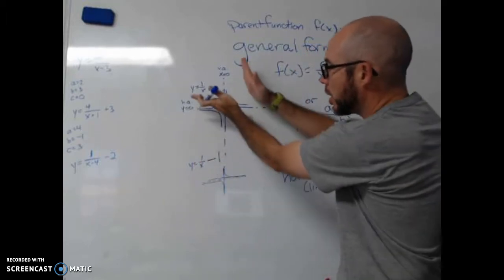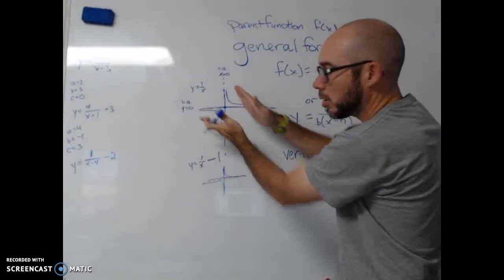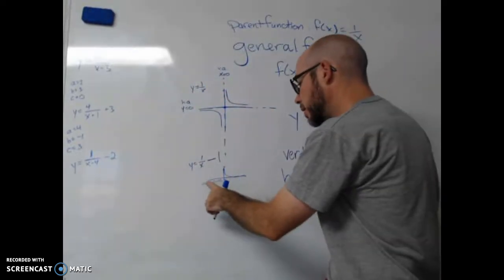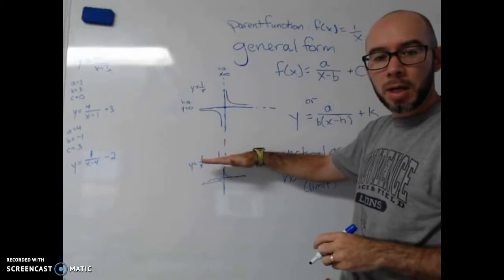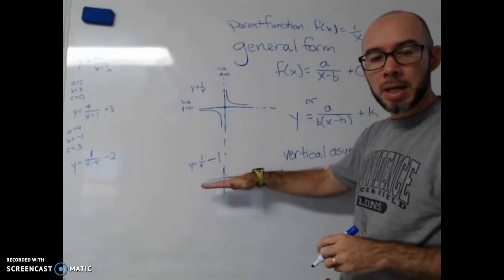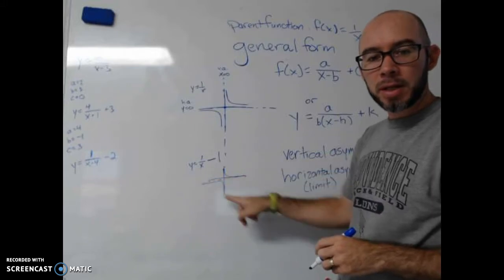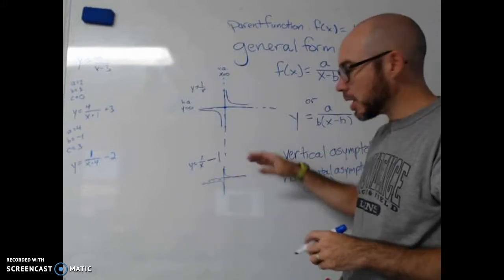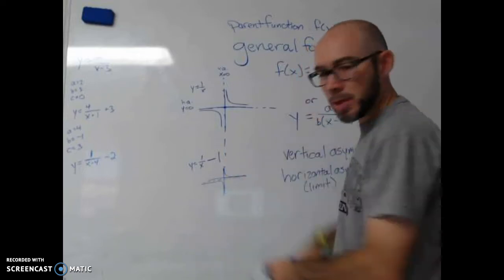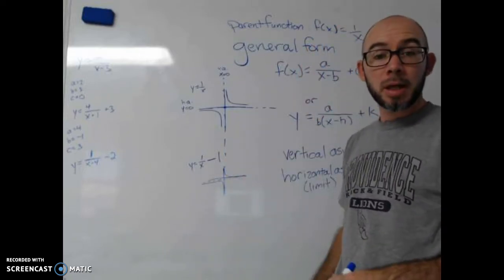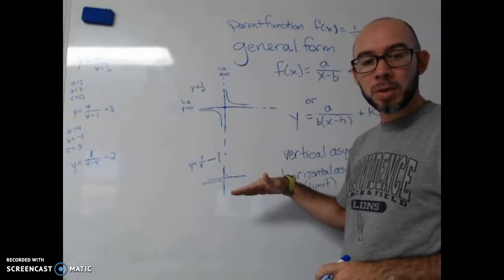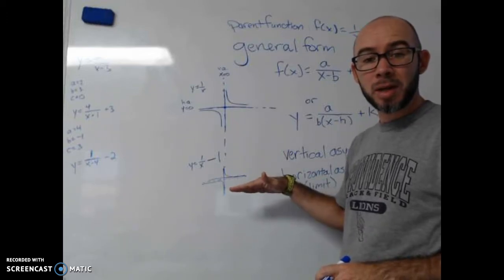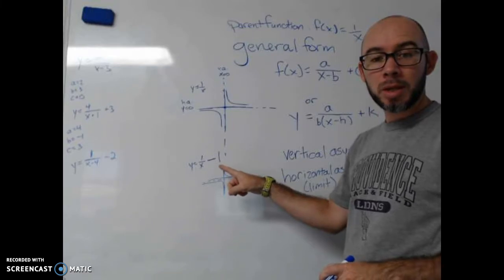Then we take our shape and drop it down 1, so that instead of the asymptote being at y equals 0, now our asymptote is at y equals -1. The rest of the shape is exactly the same, except the whole picture has been dropped down 1 unit. But the vertical asymptote is still where it was. The horizontal asymptote has been dropped down from y equals 0 to y equals -1 because we did that to it.